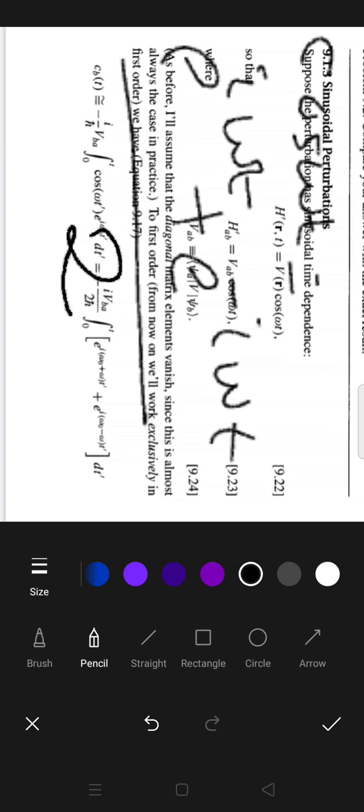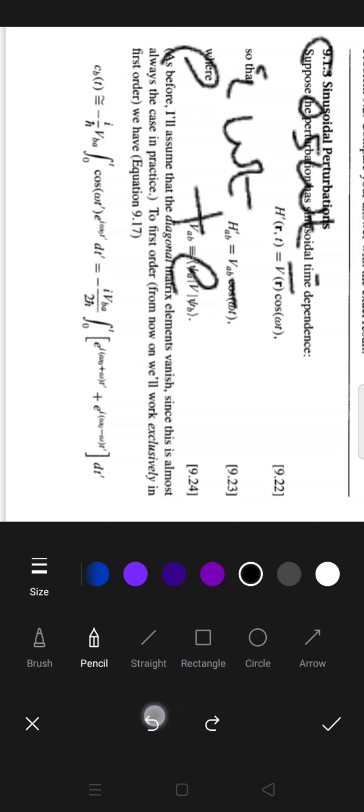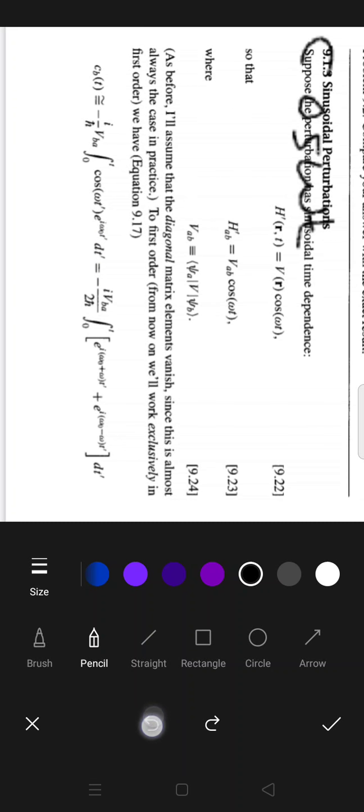Now we multiply this cos omega t in exponential form by e power i omega naught t prime, and you will get this expression.